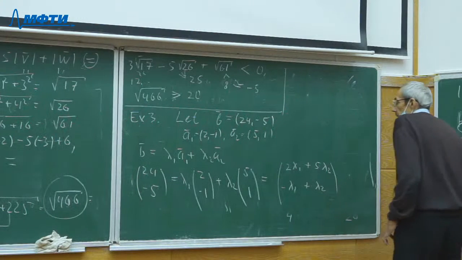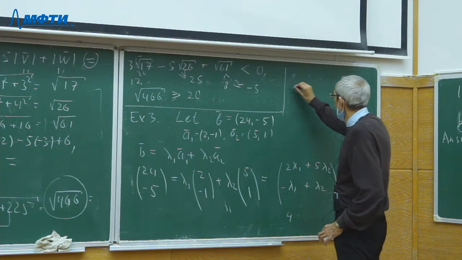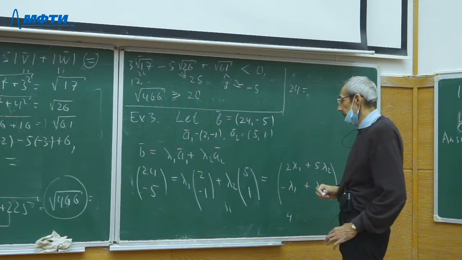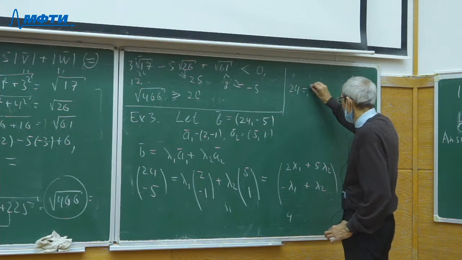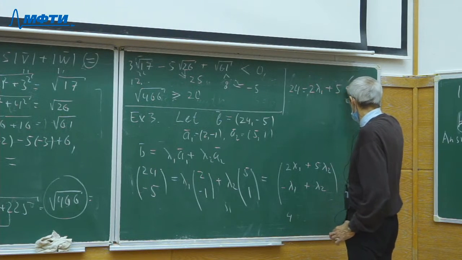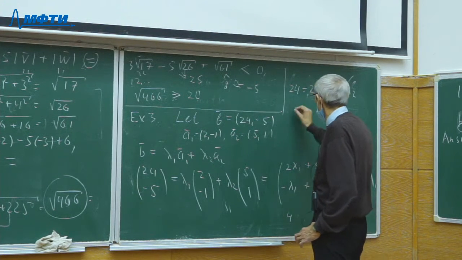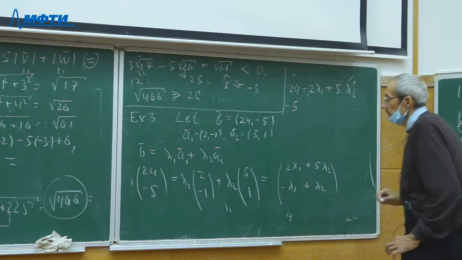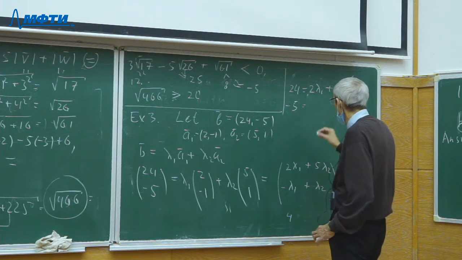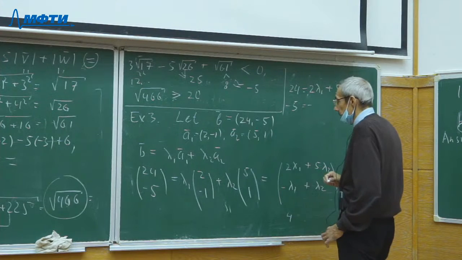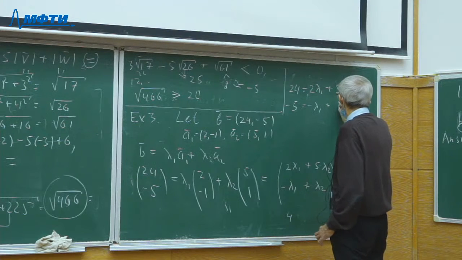In our case we have the following equality. The equality of the first coordinates we can rewrite in the form of a linear equation, 2 lambda 1 plus 5 lambda 2 is equal to 24, and the equality of second coordinates we can rewrite as minus 5 is equal to minus lambda 1 plus lambda 2.